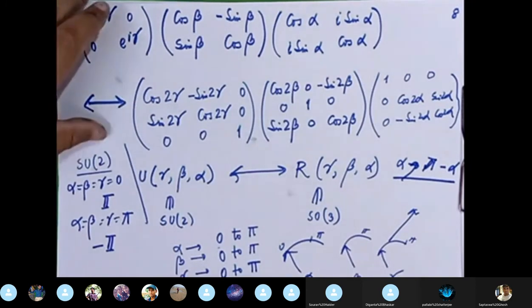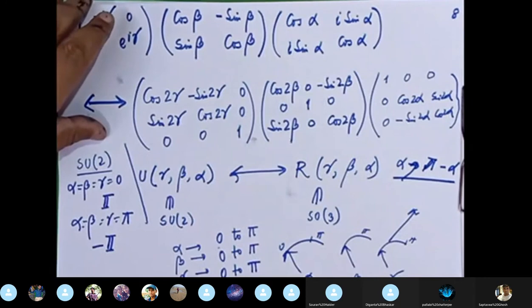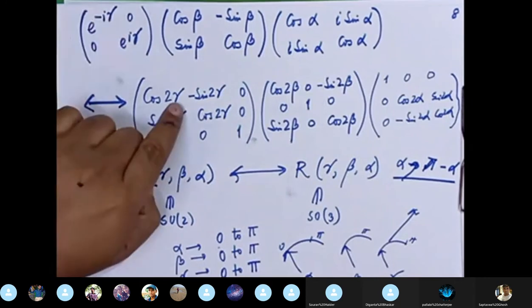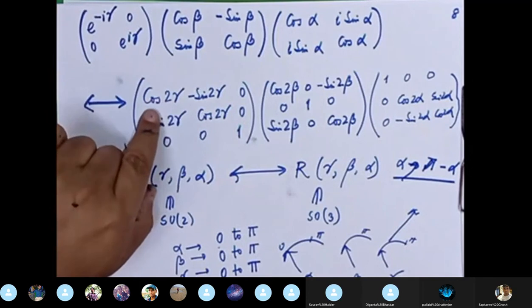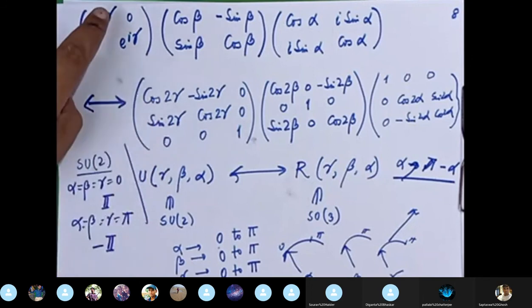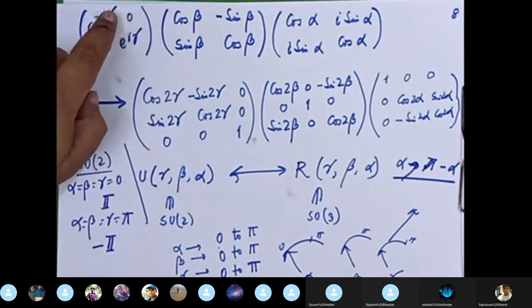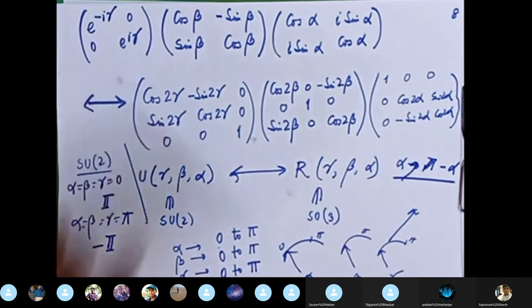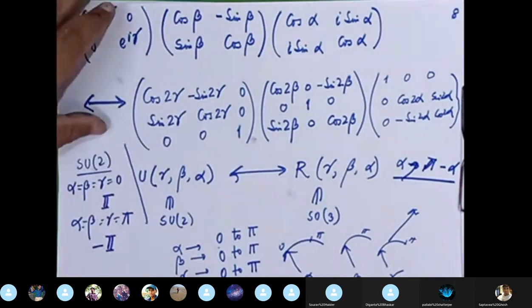Okay, so next day we will see this. Because of these 2 factors, and the periodic functions involved here, there will be 2 different values of these matrices for which there will be one matrix here.